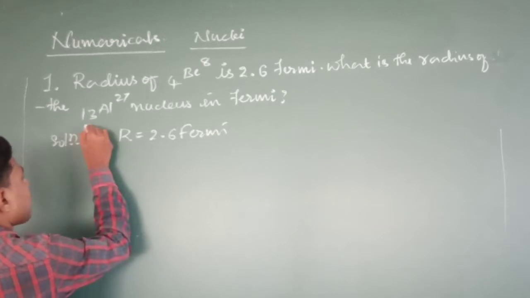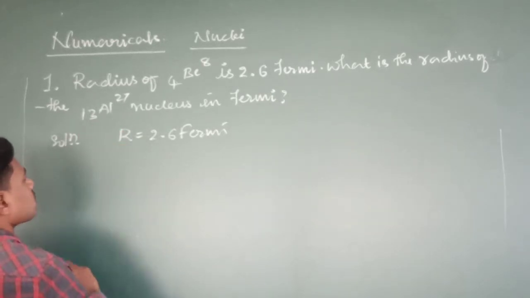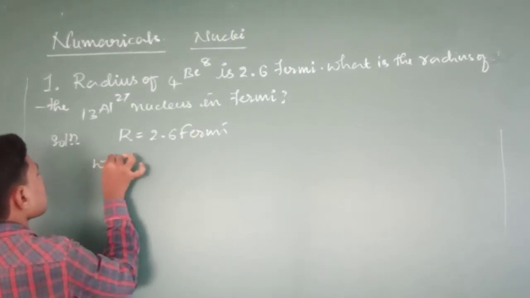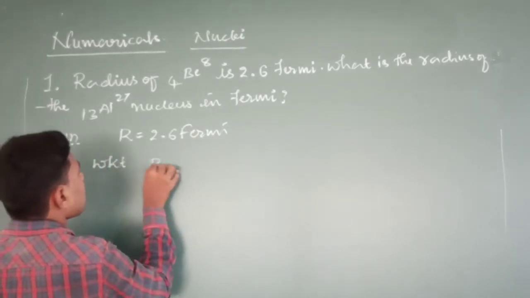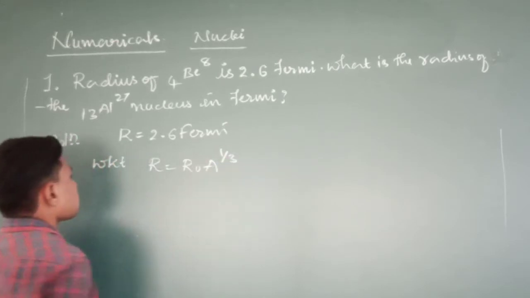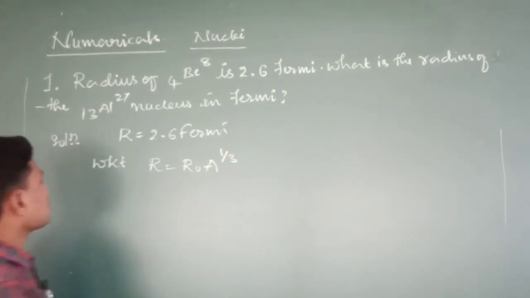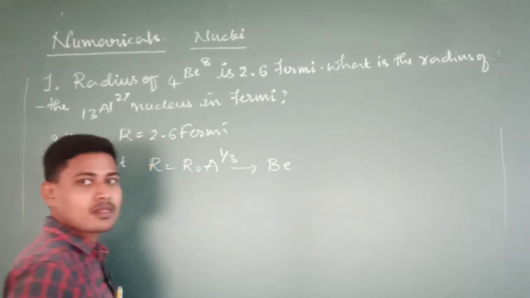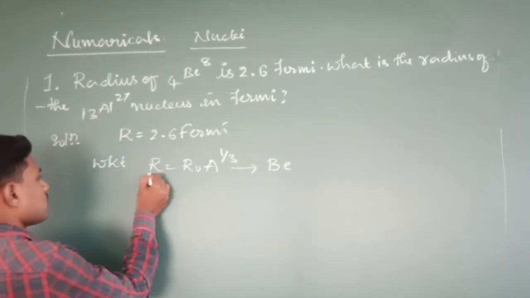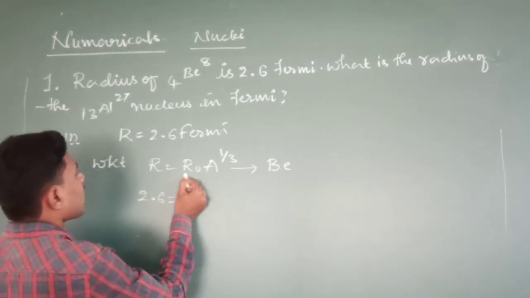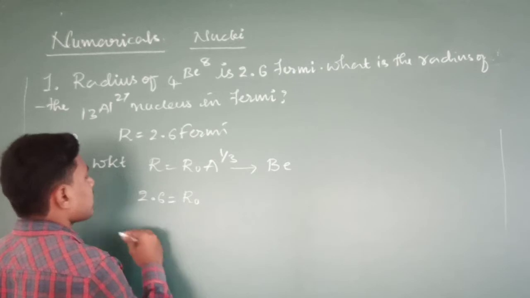So for finding the radius of the aluminum nucleus, we know that R is equal to R naught A to the power of 1 by 3. This is for beryllium. For beryllium, R is given to be 2.6 and R naught I have to find.